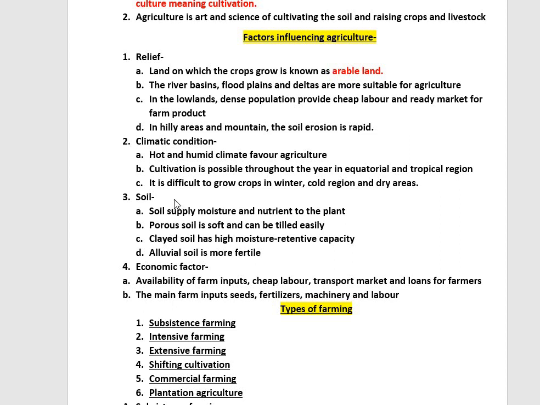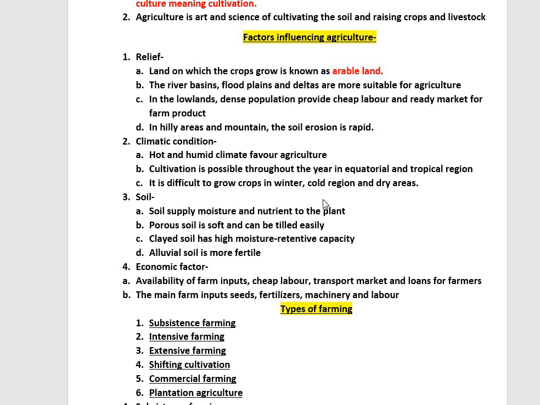Point C. It is difficult to grow crops in winter, cold regions and dry areas. Why is it difficult to grow crops in a dry area? Because when the land is dry and there is little irrigation facility, obviously it will be very difficult for us to grow crops.